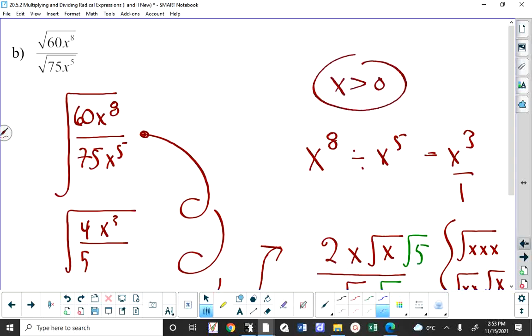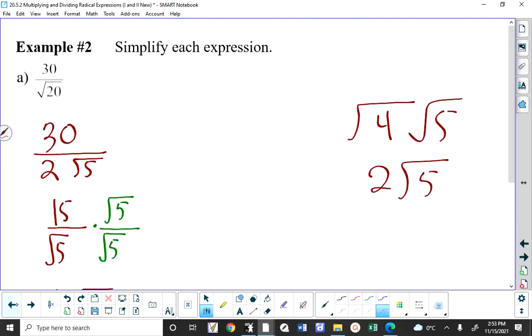I want you to just pay attention to this for a second. Even if the x's canceled, which they don't, the fact that you have x to an odd number under a radical in the denominator tells you it's not going to be 0 or negative. It has to be greater than 0. I think that was it.